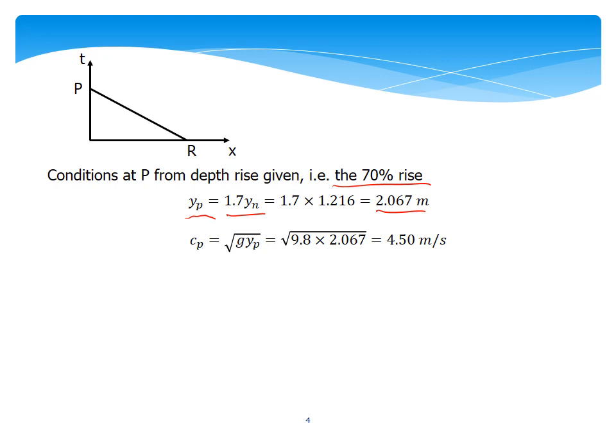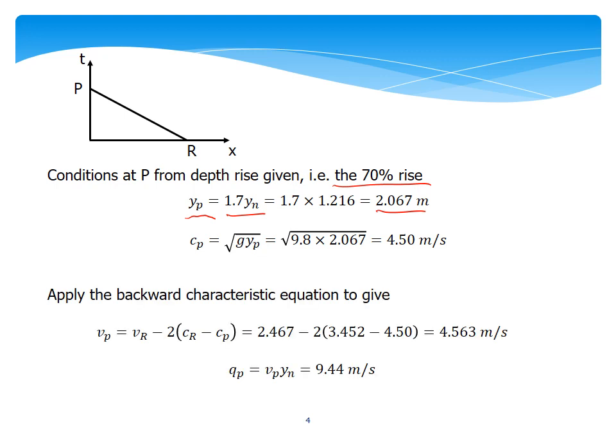Now we need to put these into our characteristic equation, which I've handily rearranged here to give us VP as the subject, and that simply calculates to VP equals 4.563. See, we've got supercritical flow there: V is greater than the wave speed. That's beside the point.